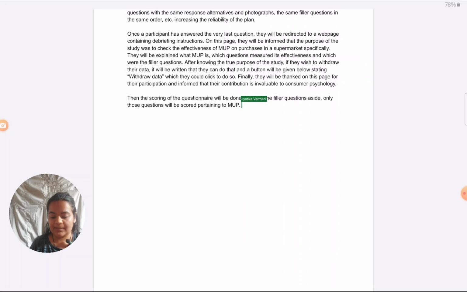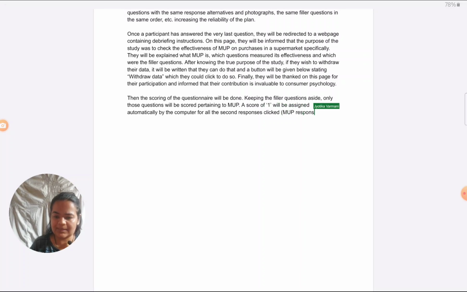So for scoring, before frequencies, we can say a score of 1 will be assigned automatically by the computer for all the second responses clicked, that is the MUP responses for these questions.